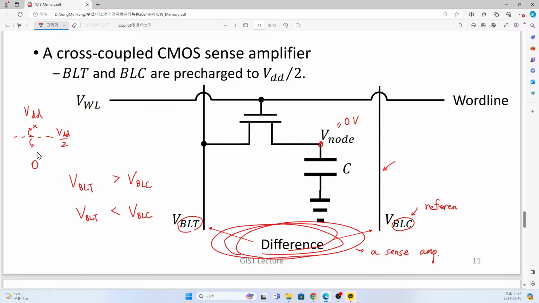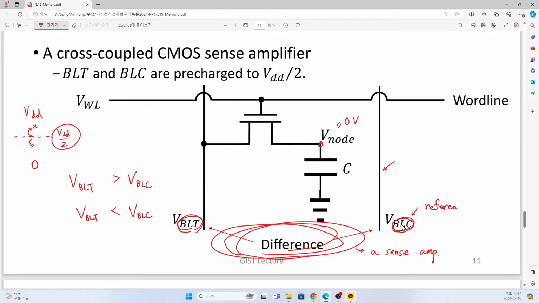Then maybe you can say, why don't you just introduce a separate, very accurate reference for VDD? But this is not a fair comparison because there are many other components that reduce this voltage. So this BLC is very similar to this BLT, and the only difference is whether that is connected to the selected bit or not.